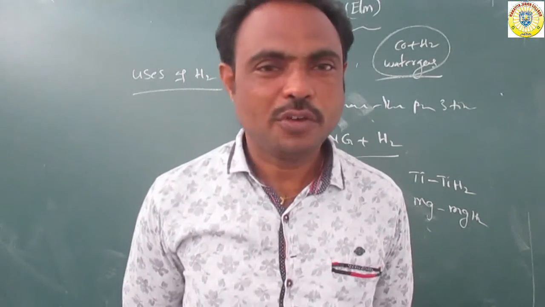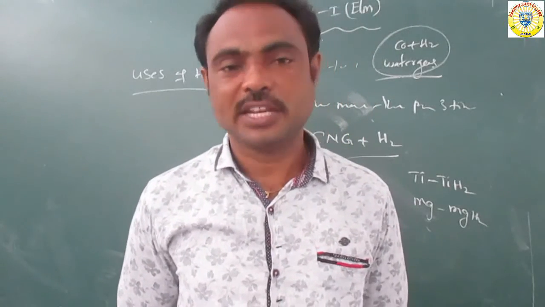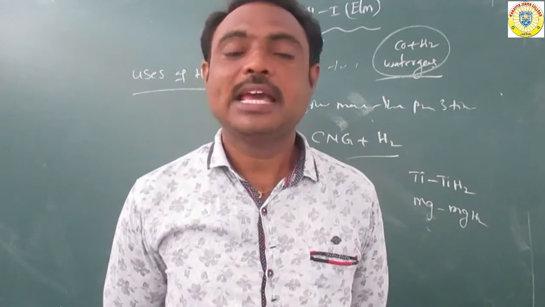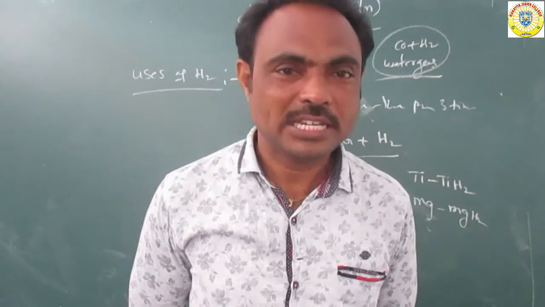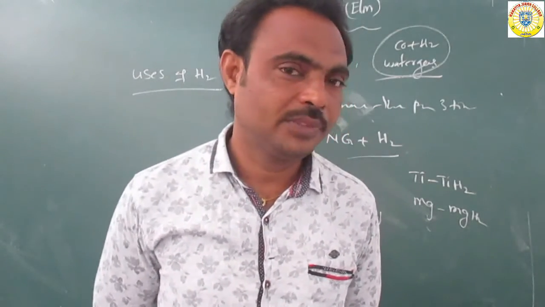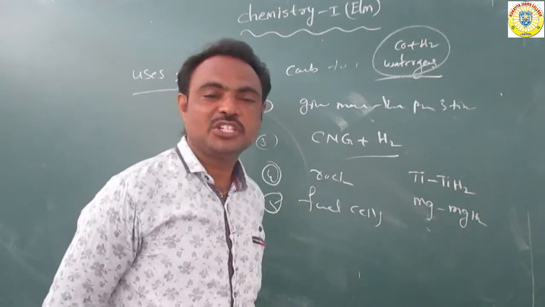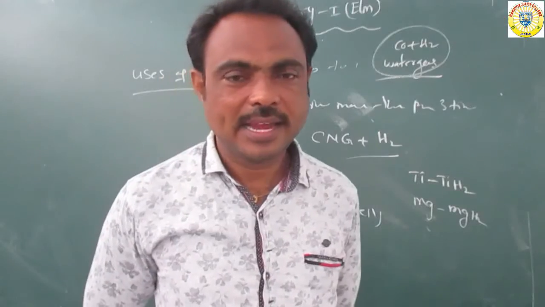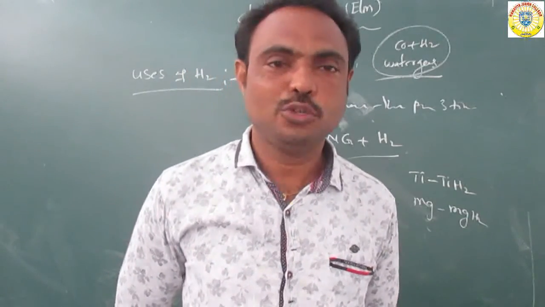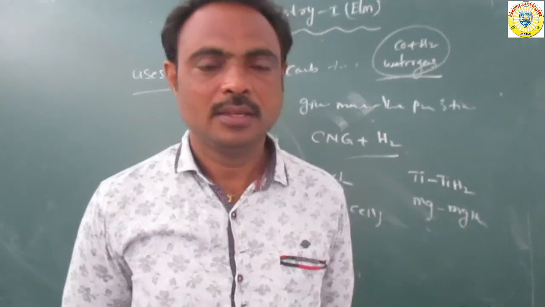To summarize, the combustion of hydrogen gives a large quantity of energy, about 3 times more than petrol. The combination of CNG gas and dihydrogen gas is used in different types of four-wheeler vehicles nowadays.